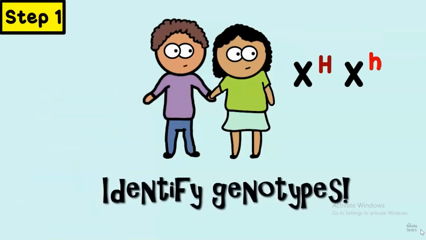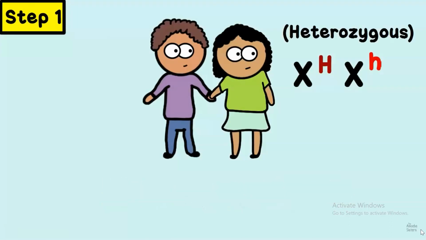Step 1. Identify the genotypes of the parents. So the mother was a carrier. She is X^H X^h. She does not have hemophilia because of that dominant allele present, but she is a carrier. The male, if he does not have hemophilia, well, he must be X^H Y. There's no other option for him. Step 2.